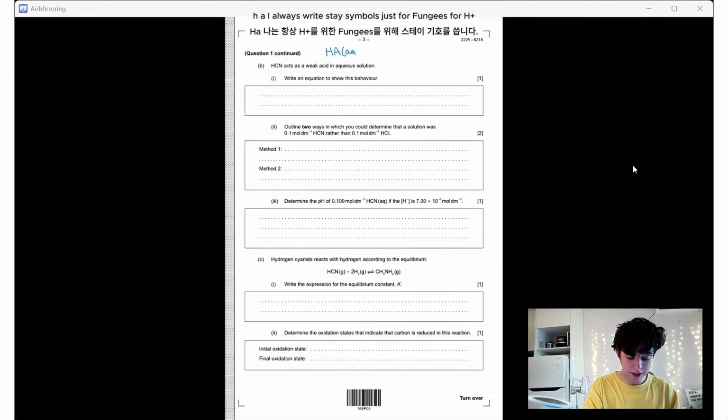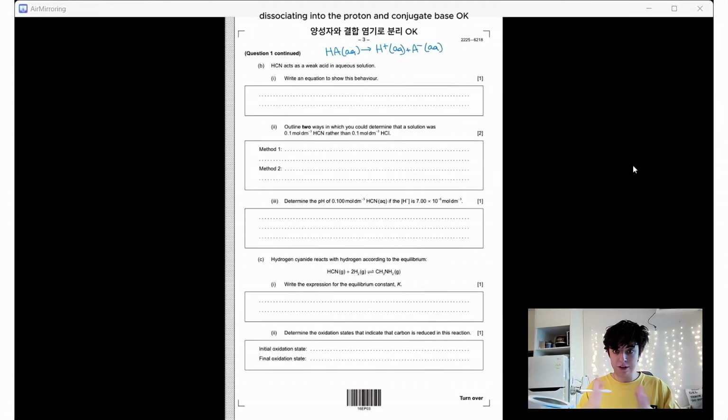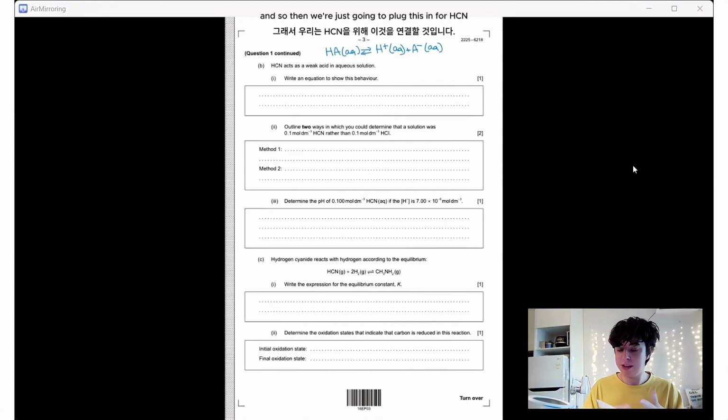Ionization always looks like HA, and I always write state symbols, going to H+ plus A-, where you're just dissociating into the proton and conjugate base. For a strong acid, it would look like this with a single arrow. For a weak acid, it will be that way. Then we just plug this in for HCN specifically.